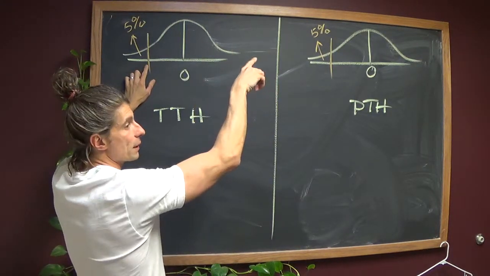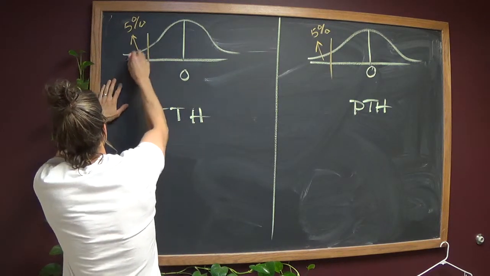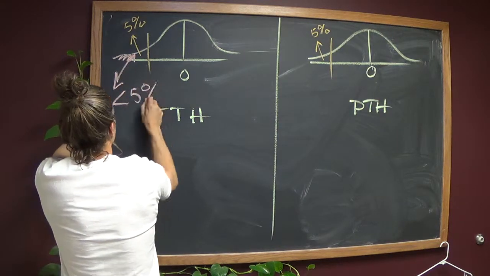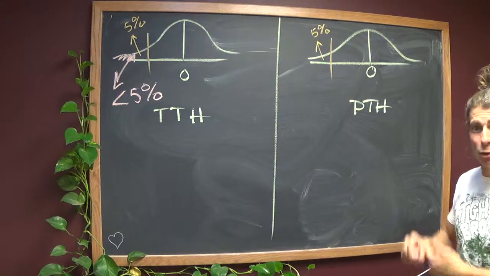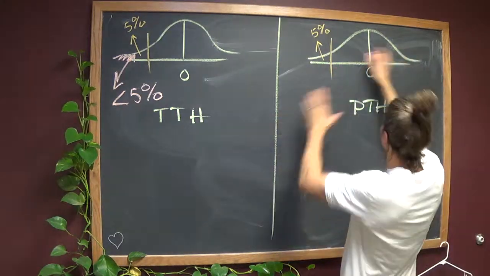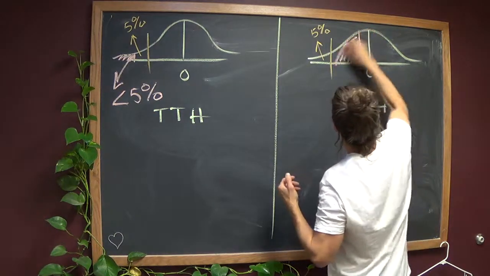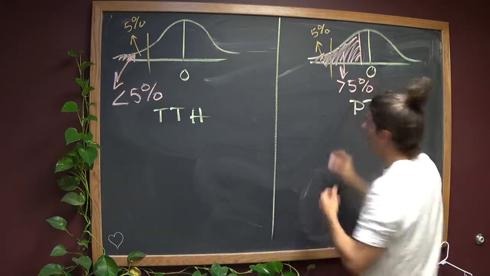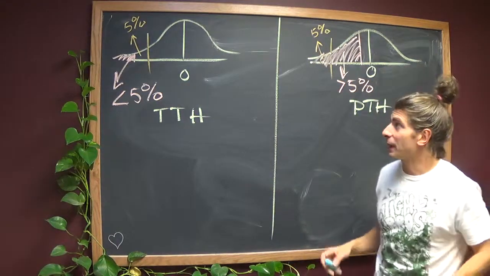If I know the p-value for the tension type headaches was less than 5%, I know it's going to have to be somewhere over here. And if I know for the post-traumatic headaches it's greater than 5%, it's going to have to be somewhere in this part of the curve, and I don't know where. I'll just slap it here. Okay, I don't exactly know where, and it doesn't matter. The important thing is, where is it with respect to that cutoff?